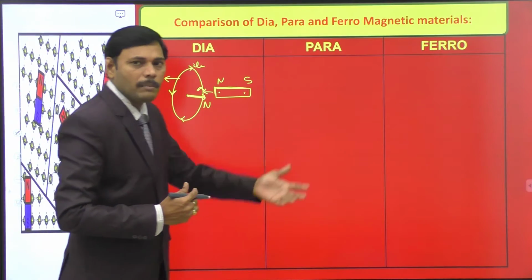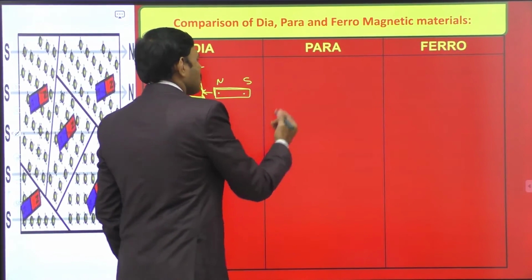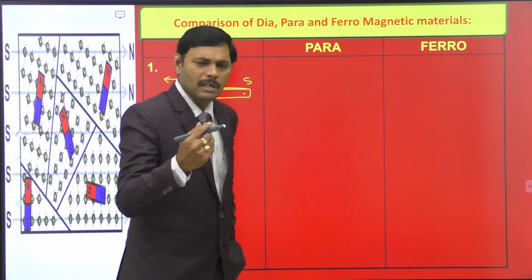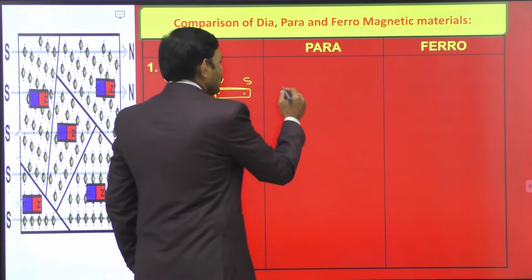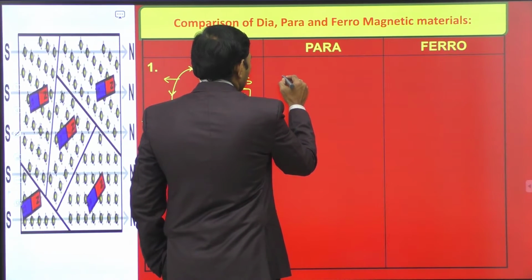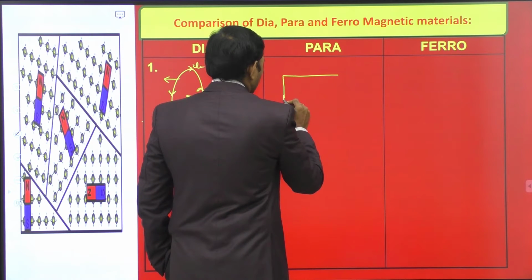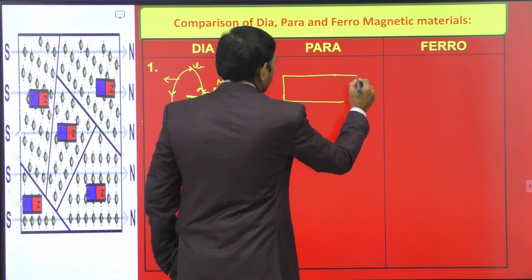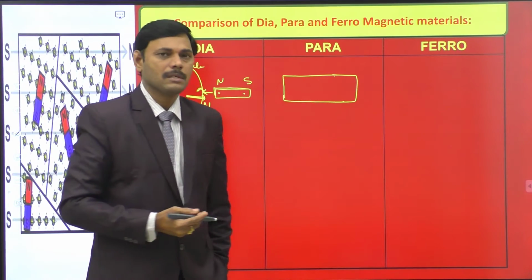Next comes paramagnetism. Aluminum is a very good example of paramagnetic substances. In general, when you consider aluminum, it is made up of so many atoms.